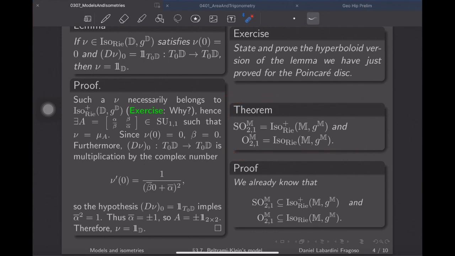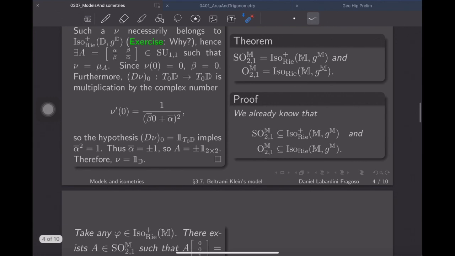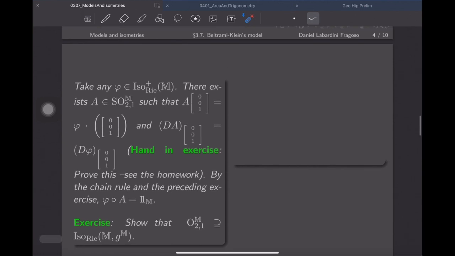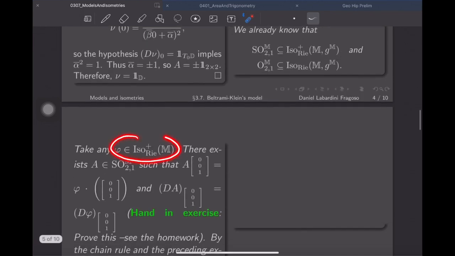One strategy is, instead of doing what I'm going to do, go to the upper half plane, use the fact that in the upper half plane you already know everything, and come back, or what I'm about to do. Yeah. So these inclusions we already know. That's what I just said. And so now I'm going to show this equality. So I'm going to take phi here. Yeah. So I take phi there.